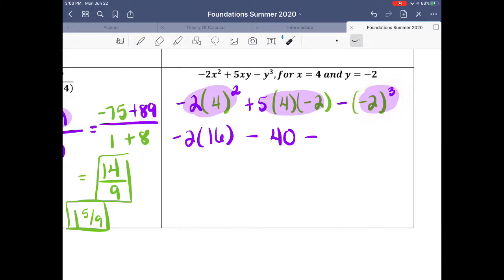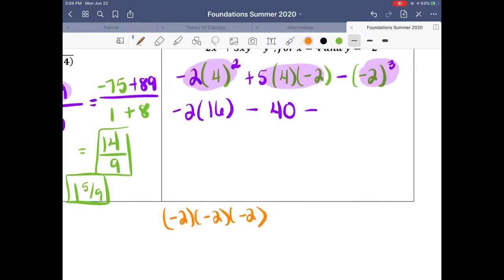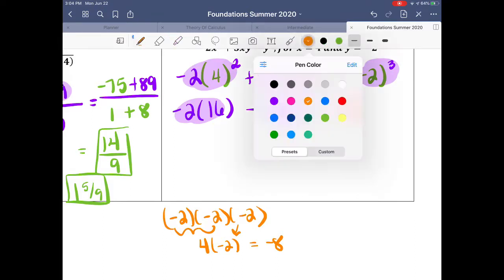And then the last part, we have -2 to the third. I'm going to go down here, do it in a different color so you can see. -2 to the third looks like this. And that's +4 times -2 is -8. And now we have our groups.